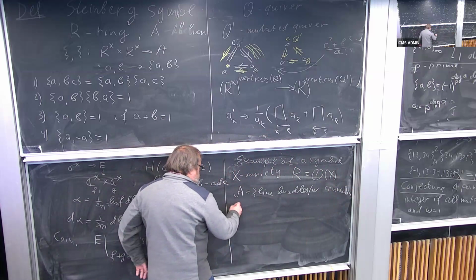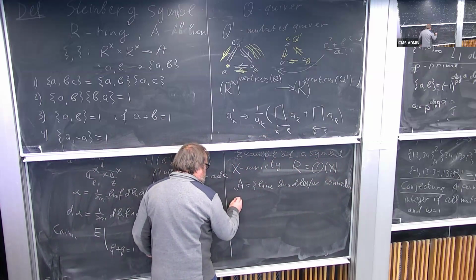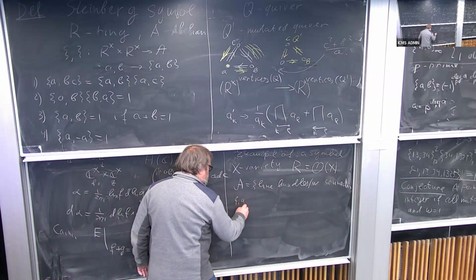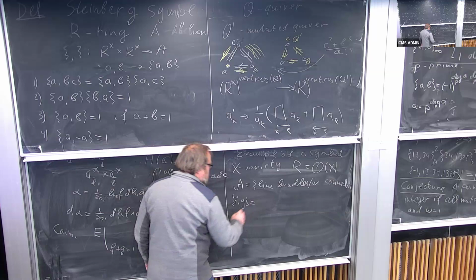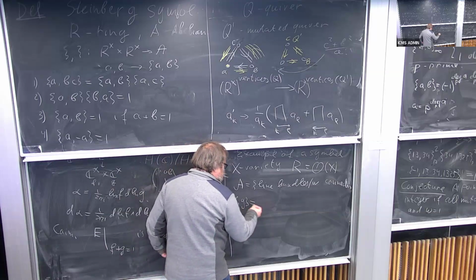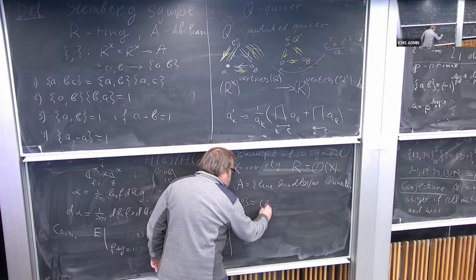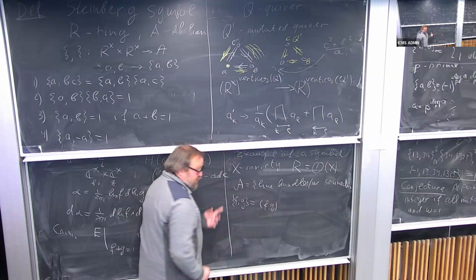So I can take now F and G, and consider the map F and G as a map from my variety to C star squared.